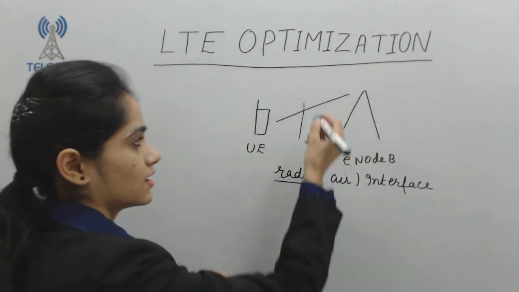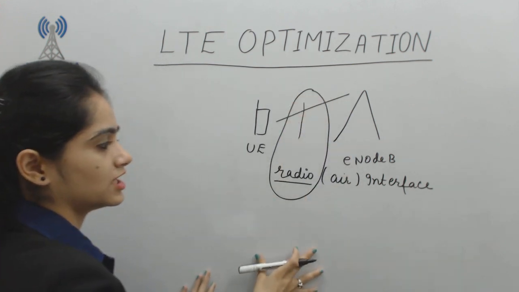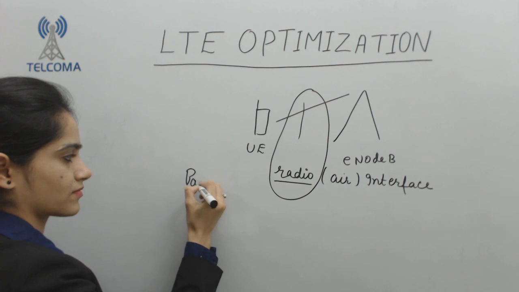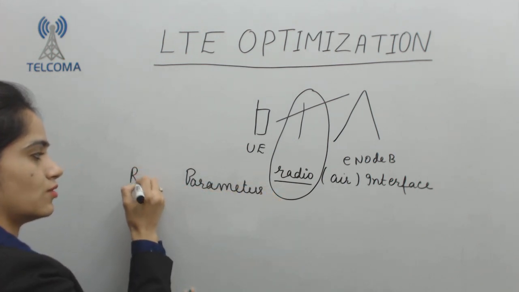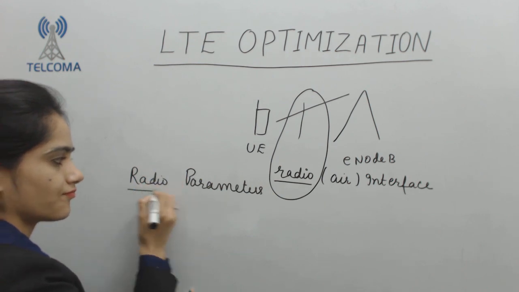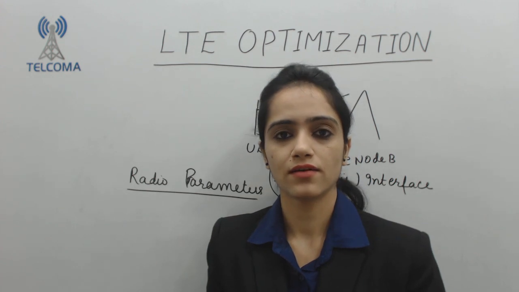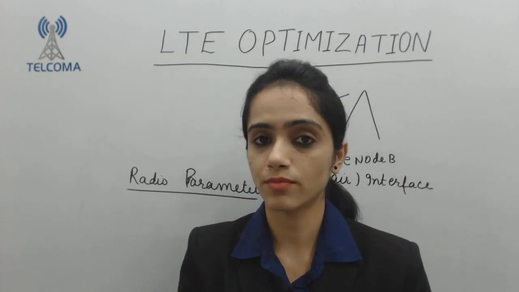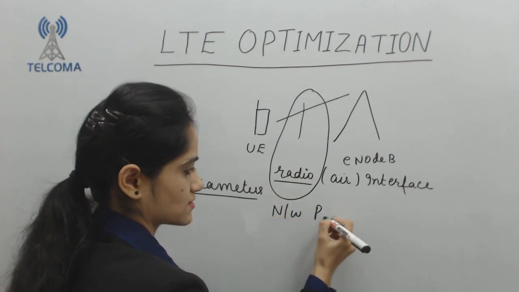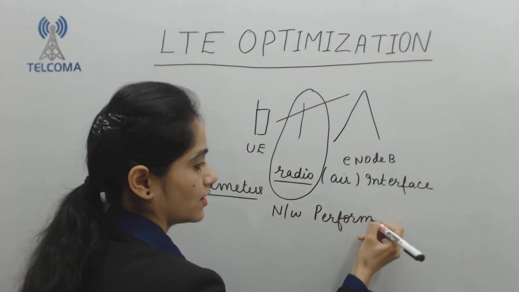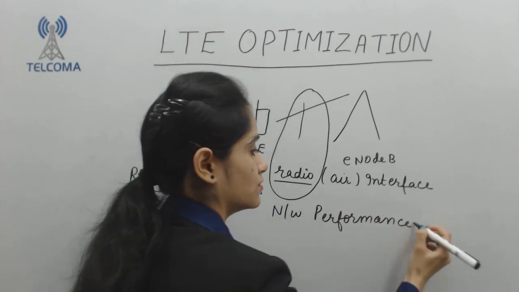So that means the radio interface or air interface has many parameters, which are known as radio parameters. Radio parameters or radio link quality result in network performance. Now, we require that my network performance should be good.